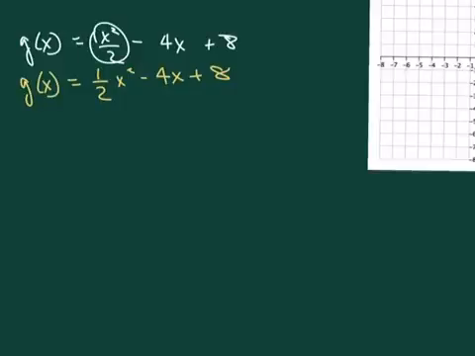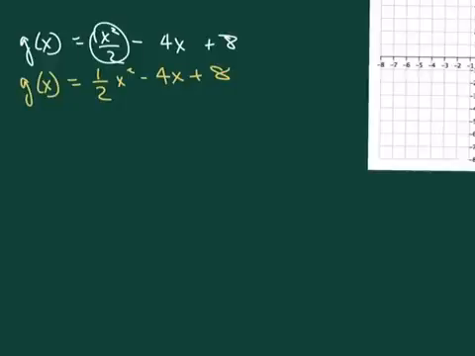Okay, so that's better. 1/2 is the number in front of the x squared, and that makes it look a little bit better anyway. And let's go ahead and do the whole completing of the square.